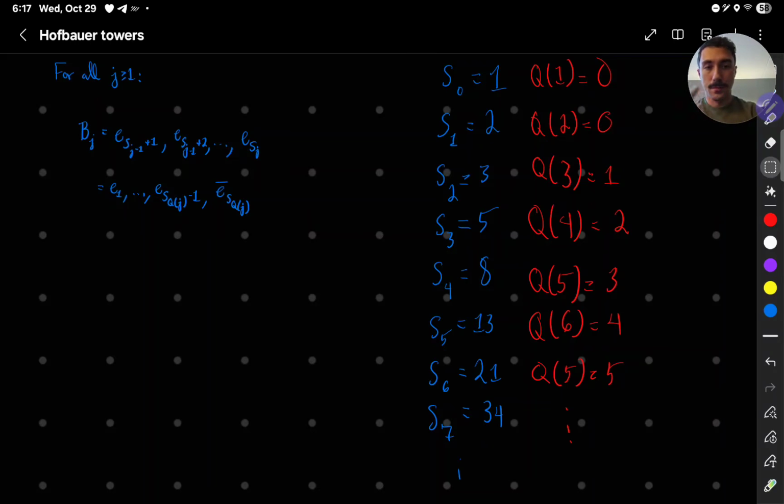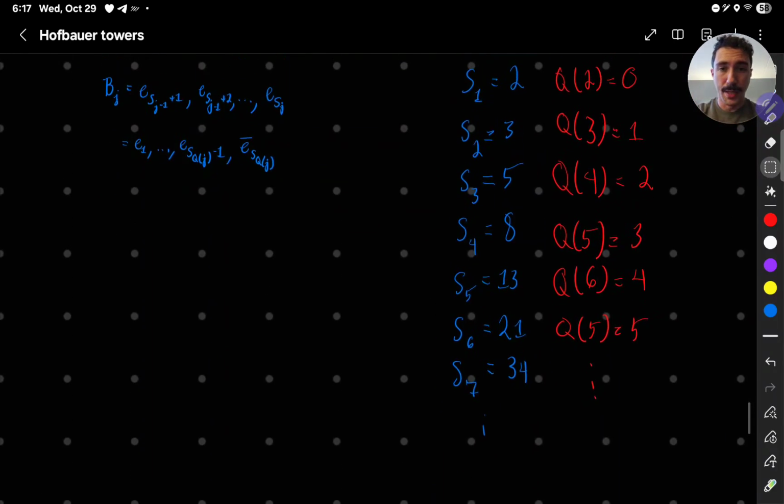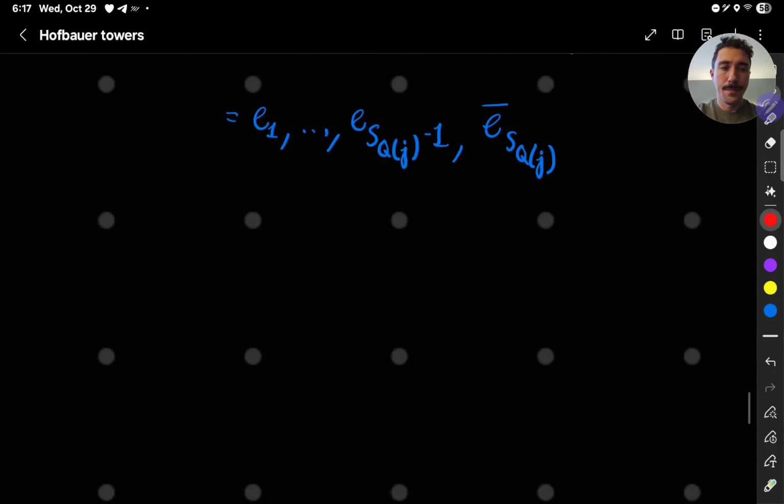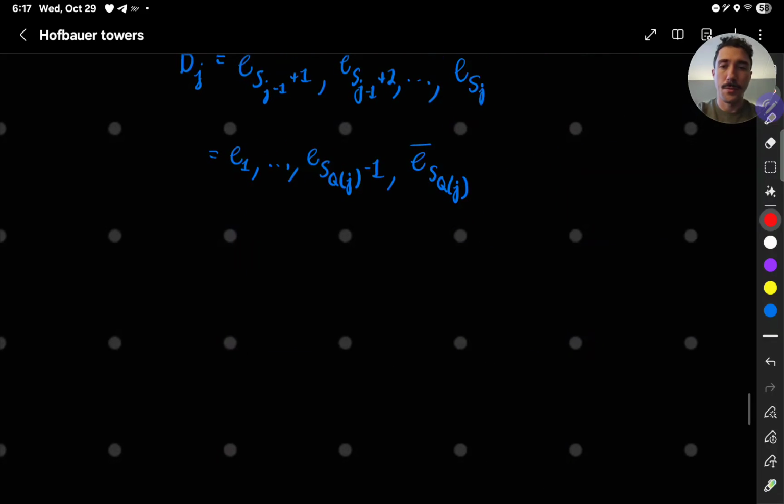Okay, so let's see from this data how you would actually go about reconstructing the kneading sequence. So B1, we start with B1 because we're going to take QJ, so we can't take Q0, so we need to start with J equals 1. So let's do it in red.